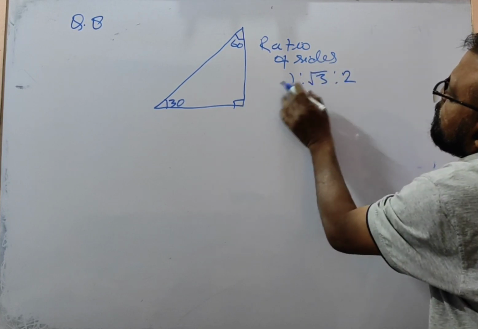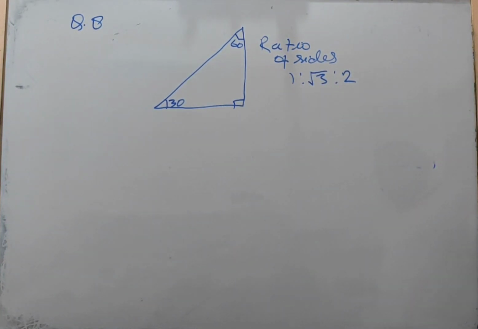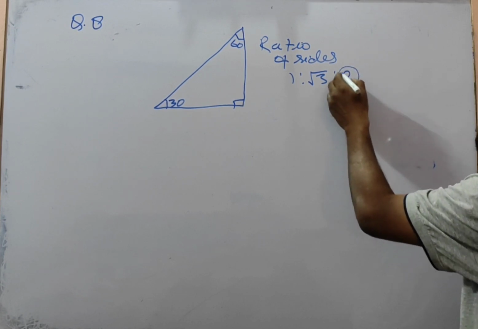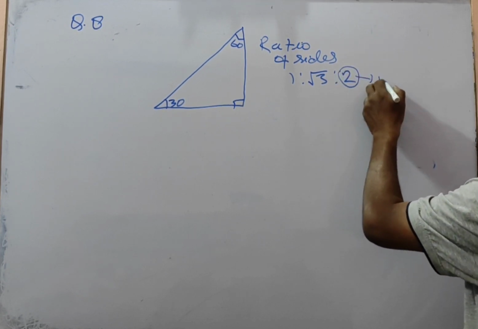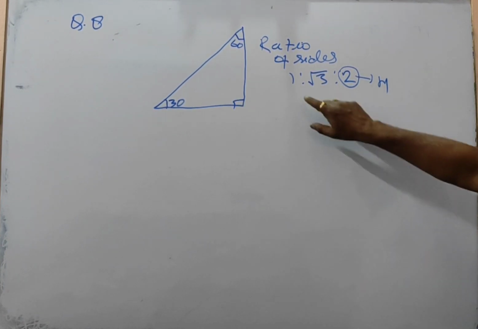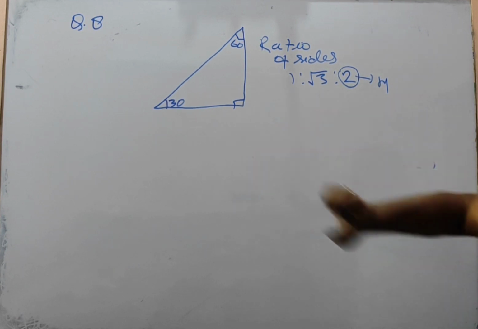This ratio is given, right? And this is the longest side, so this belongs to the hypotenuse. So using this ratio, they are solving that.